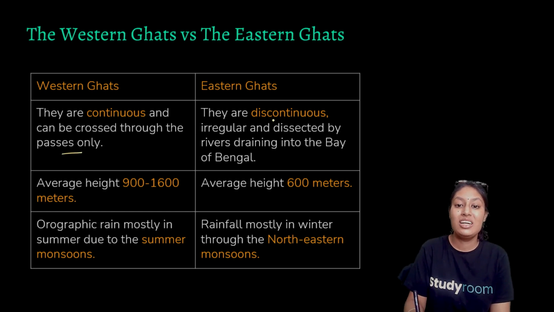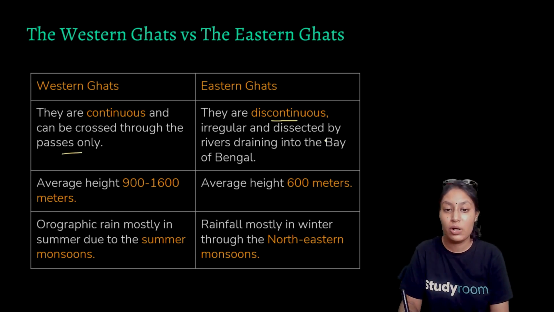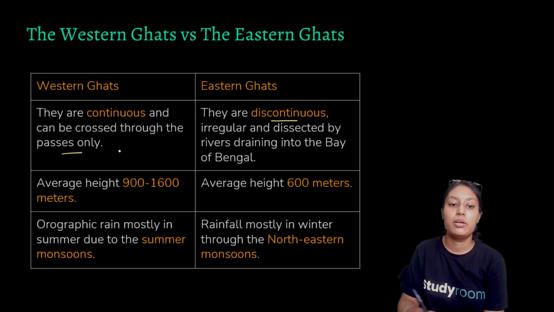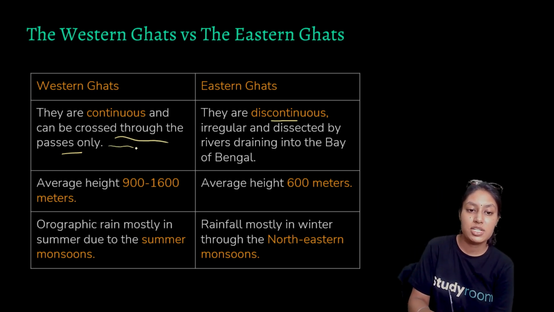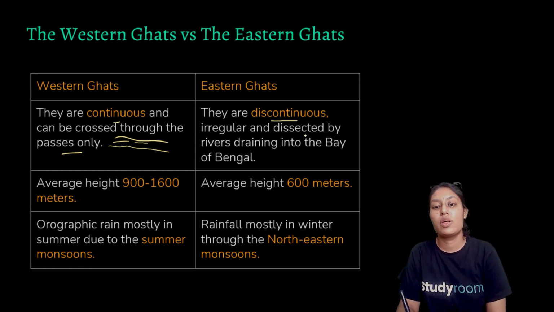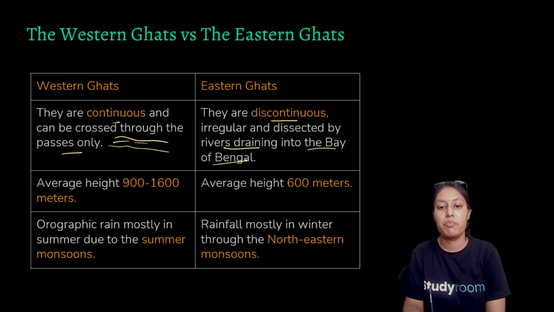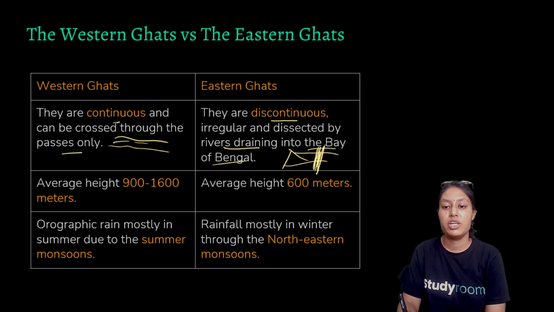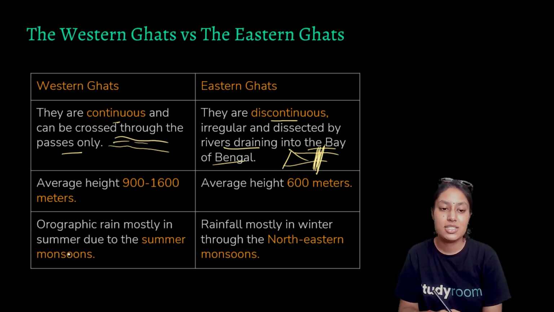They are discontinuous and irregular, meaning the pathway of the Western Ghats is very clear because it is continuous, and this is discontinuous because the rivers drain into the Bay of Bengal, due to which this particular range is discontinuous. Okay, so there are different ranges which pass through the Eastern Ghats.